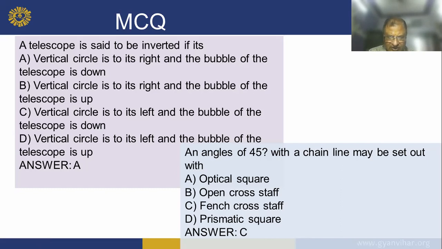An angle of 45 degrees with the chain line is to be set out. Which is the correct answer? The correct answer is C, the French cross staff.